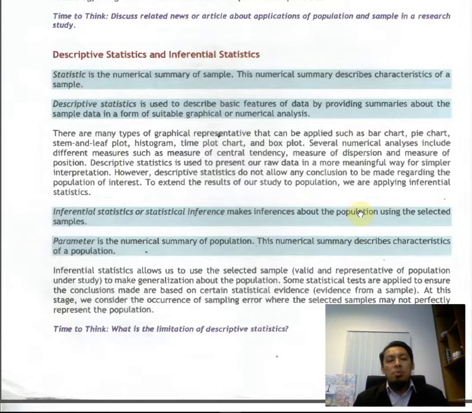The key difference between descriptive and inferential statistics is that in descriptive, you don't make a decision on a variable, or things that you don't have the data on. So if you don't have the data, you are not able to analyze it by using descriptive statistics.